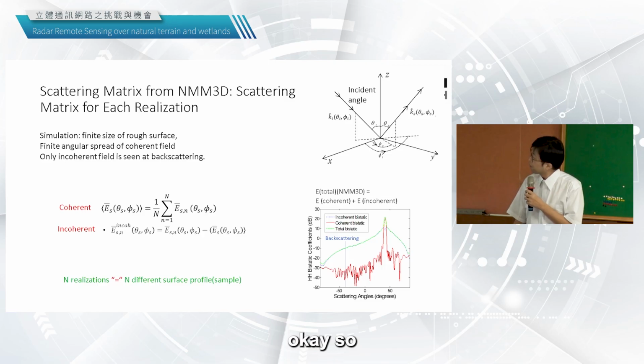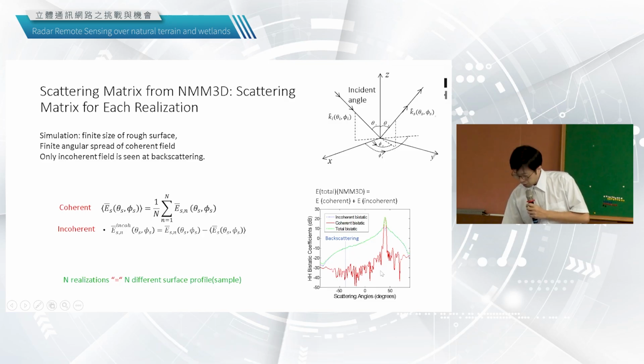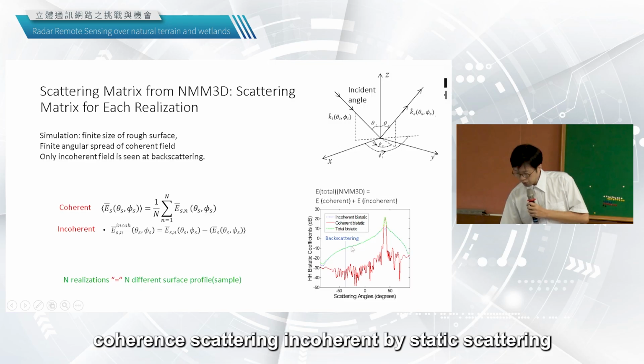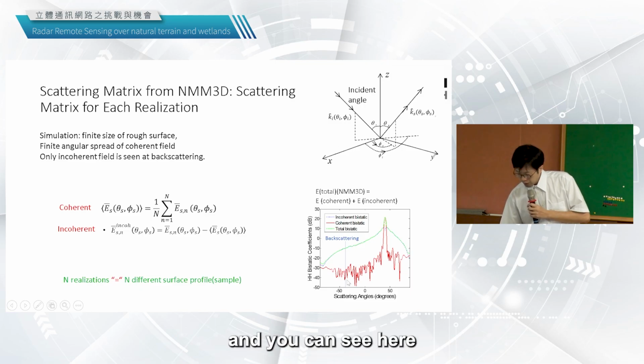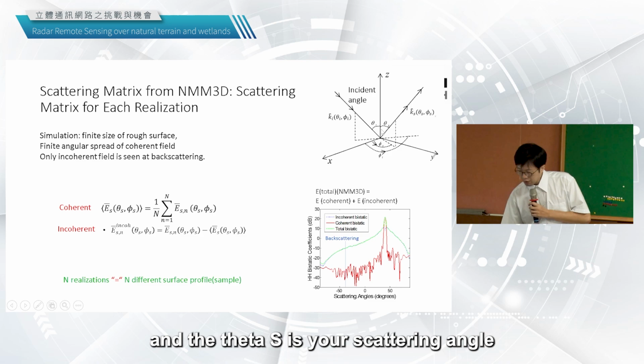Okay, so then you will simulate the result, and here we get the backscattering, coherent scattering, and incoherent bistatic scattering. You can see here our shining angle is 40 degrees. So the geometry is here: your shining angle, this theta I, and theta S is your scattering angle.